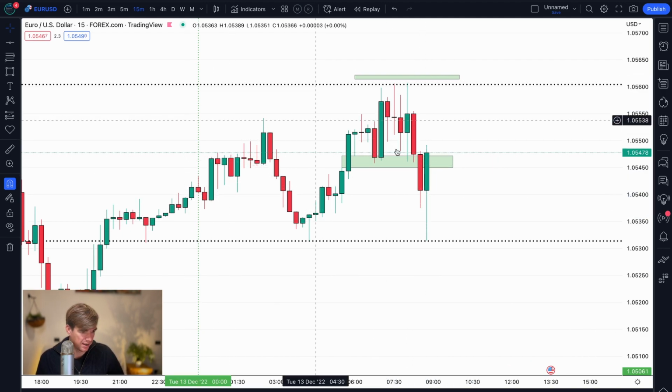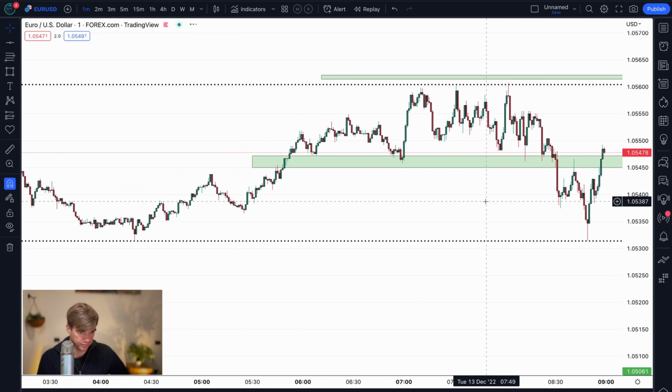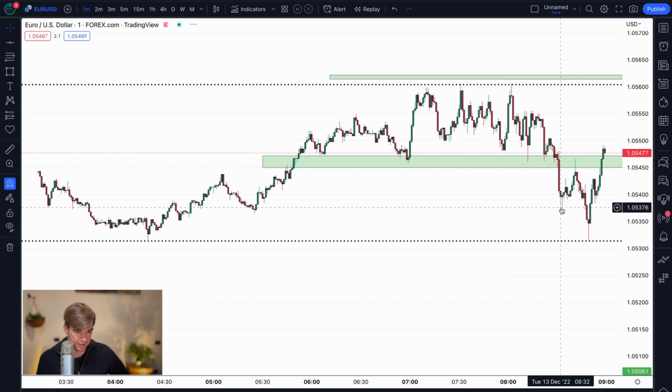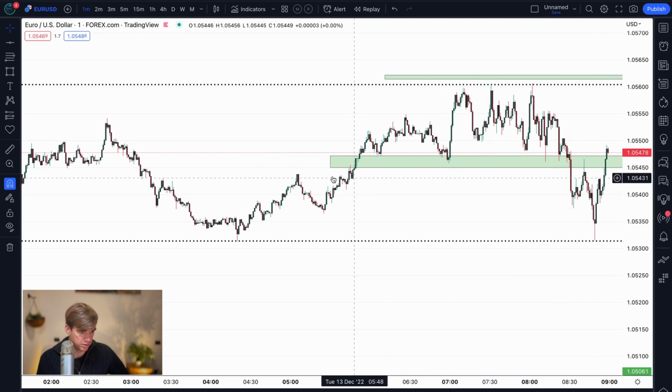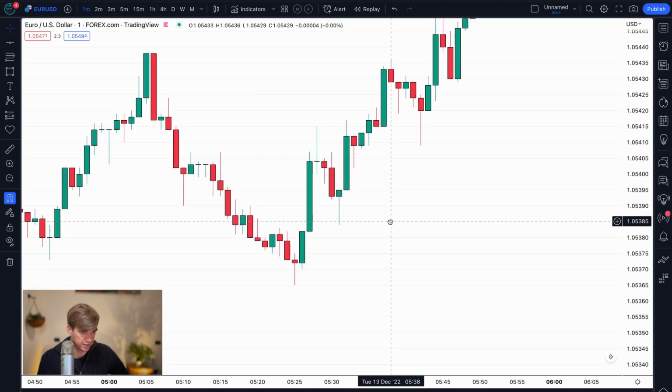And if you look at that area and we go on the 1 minute, that crashed down, stopped right there. So let's zoom in on this area. If you look here, we had a value gap.